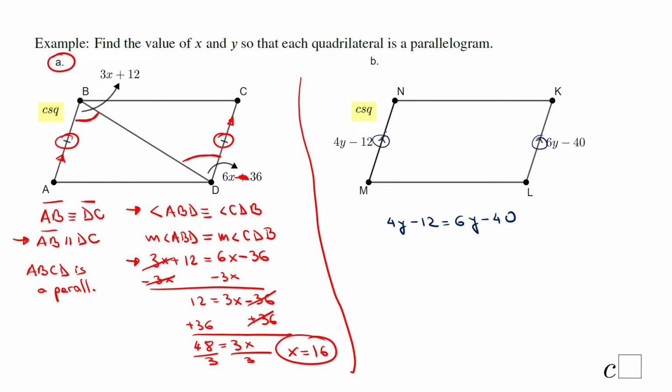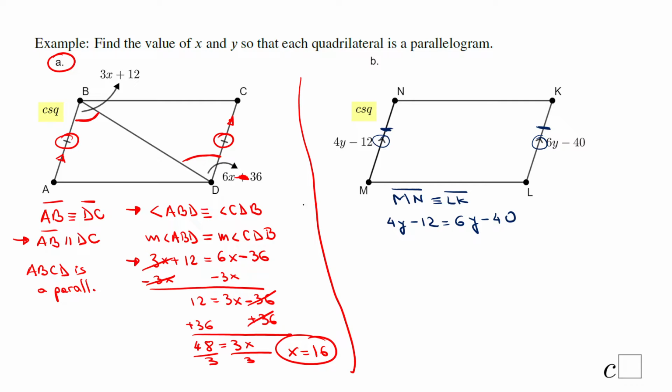Also, they need to be congruent in order to have a parallelogram. So that's the reason we can write these statements. MN needs to be congruent with LK. And then, if you remember the theorem, if we have a pair of opposite sides congruent and parallel, then we have a parallelogram.